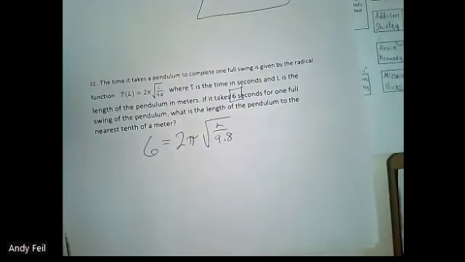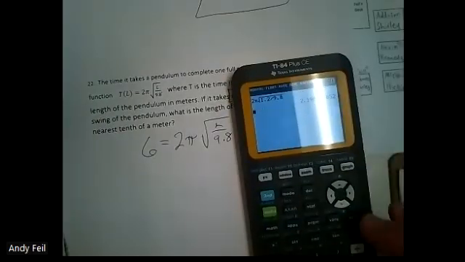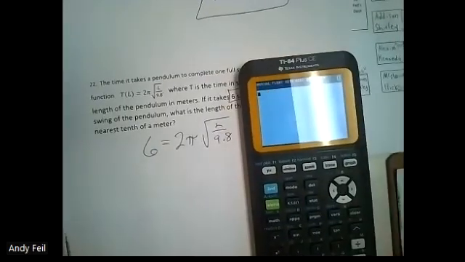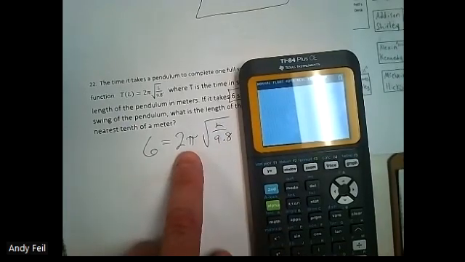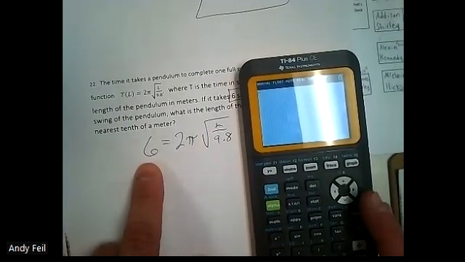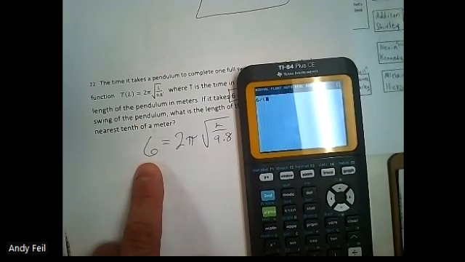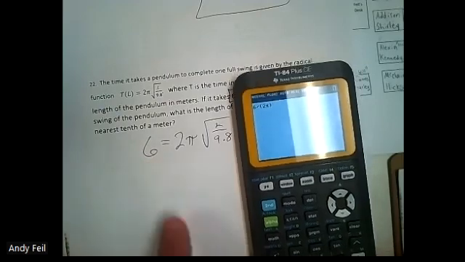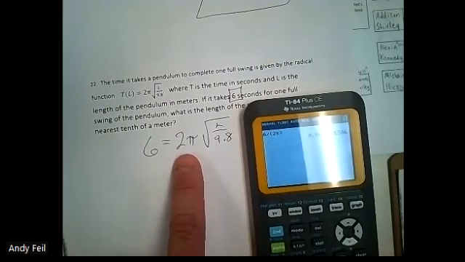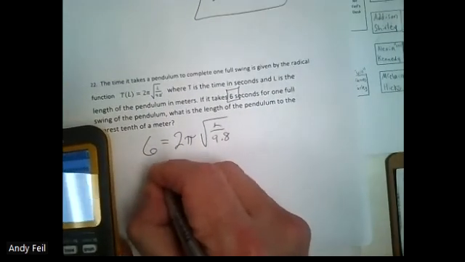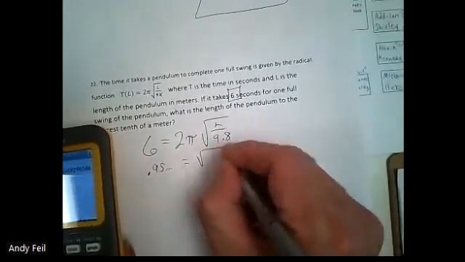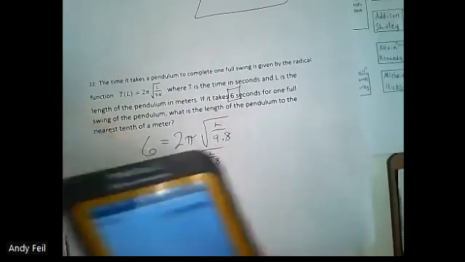Oh boy, this is going to be terrible. Now, let's do it the McLean way, and let's try to get L by itself. What do I get rid of first? How about the 2 pi? So on your calculator, do this: 6 divided by parenthesis 2 pi parenthesis. Do that first and get an ugly number, 0.95, blah, blah, blah, equals square root of L over 9.8.